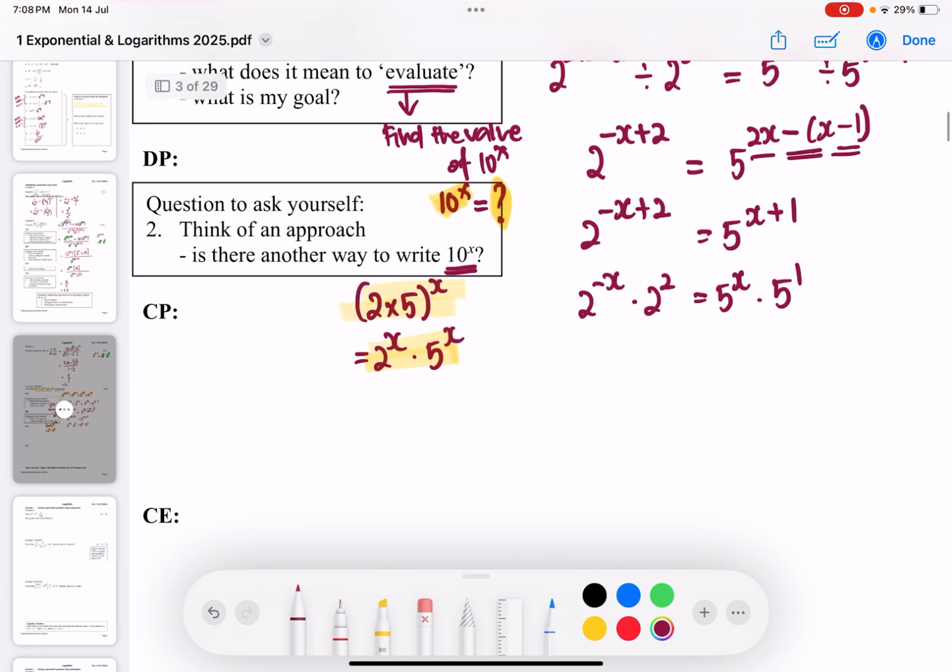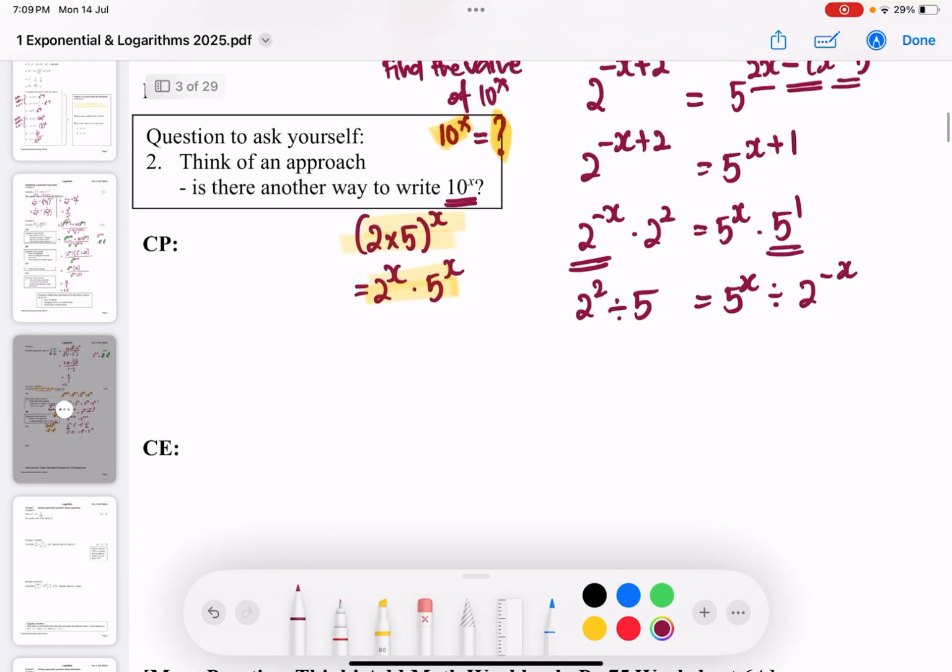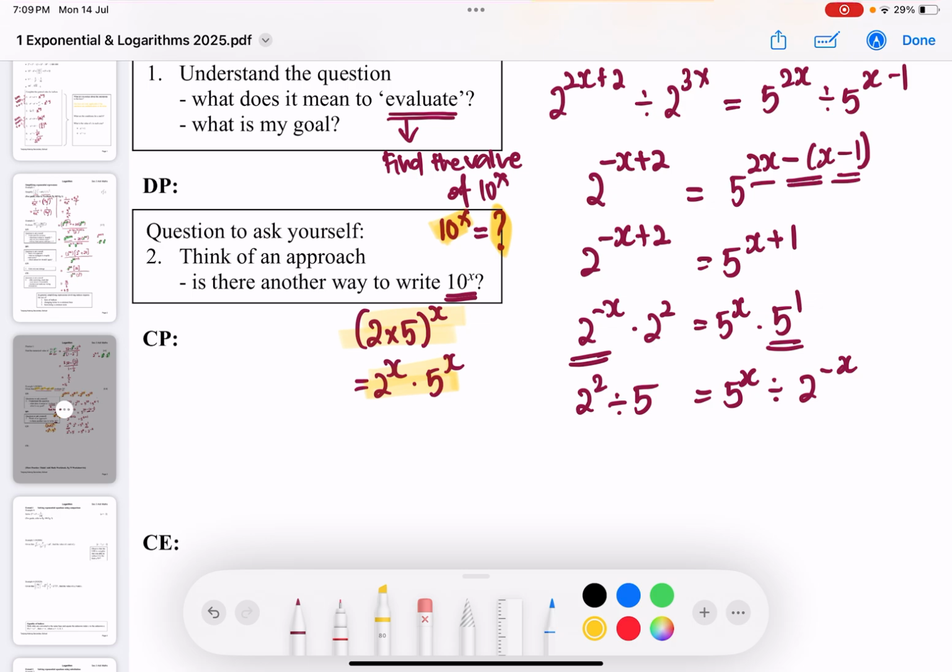Okay, so this means I'm going to shift this to this side, and then this I'm going to divide on both sides. So what I have done is basically everything with x is on one side, everything without x is on the other side. I just did some manipulation of the equation so that it looks like this.